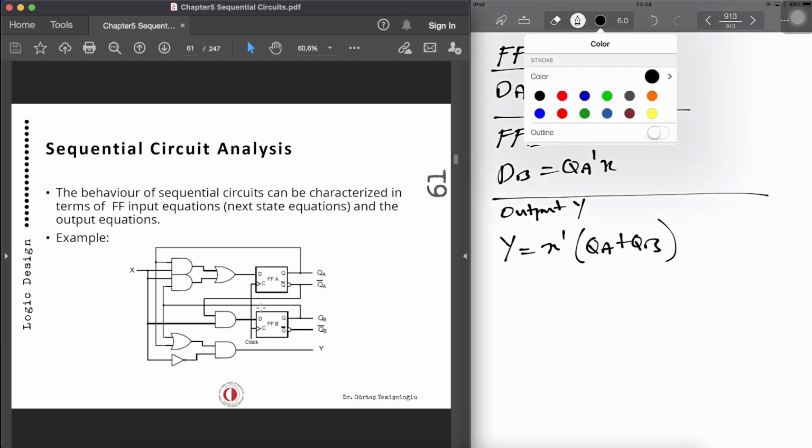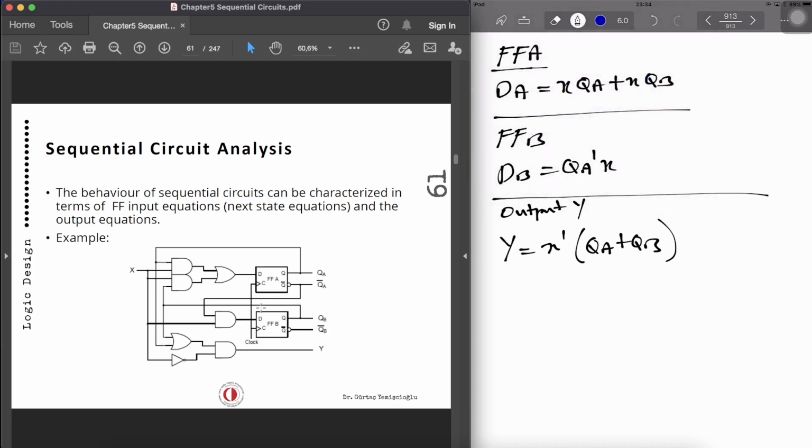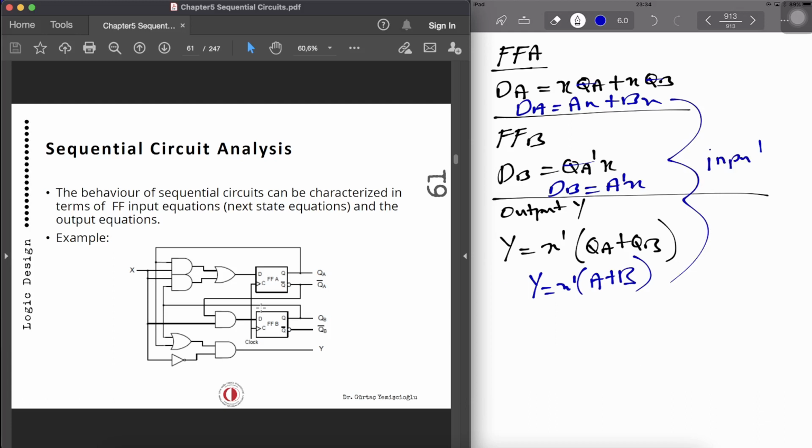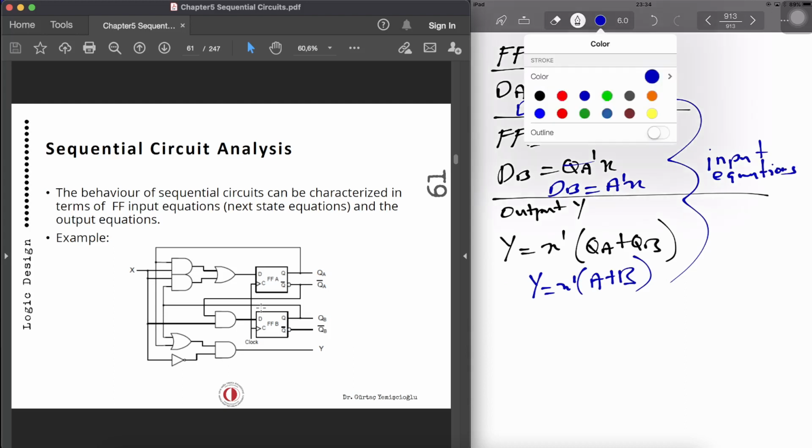We can actually simplify the way that we write it. So DA can be AX plus BX. I'm just getting rid of these Q's because we know that they're all Q's, present state. So DB is going to be A prime X, and Y is going to be X prime (A plus B). Now, these are input equations. This is step one. Now then, we have to derive next state equations.